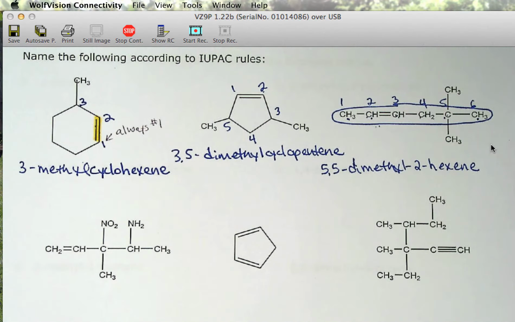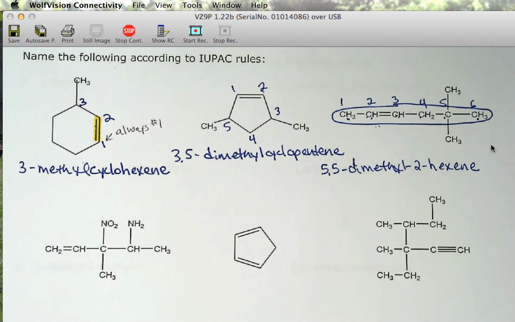Questions on that one? So, sorry, I must have dozed off for a second. On that first one up there, where the double bond is always 1, is it because that double bond can really move anywhere around in there? Right. Whenever you name your cycloalkenes, the double bond is always number 1.